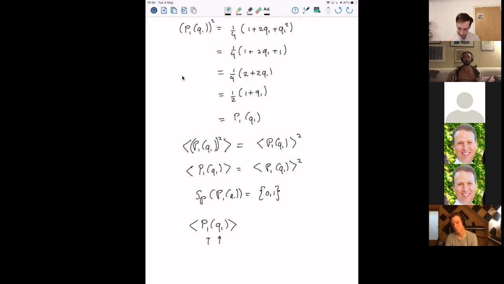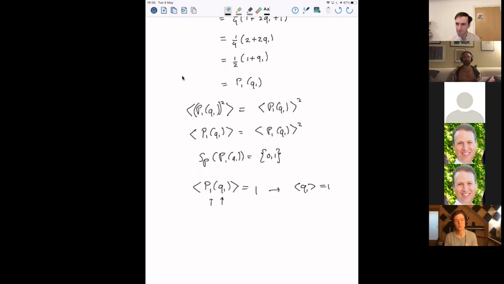And if, for example, P1 is sharp with value 1, then it follows from this that Q1 is sharp with value 1.